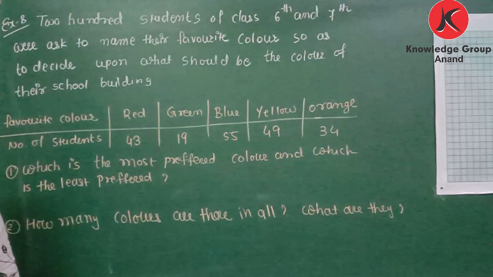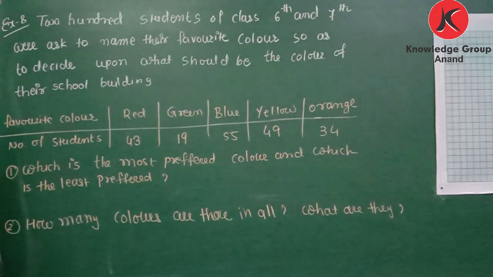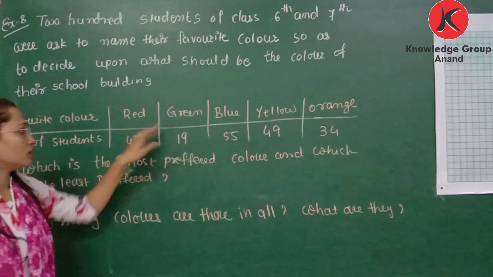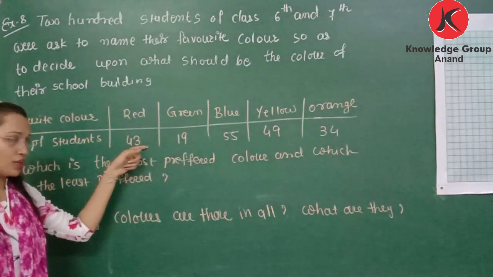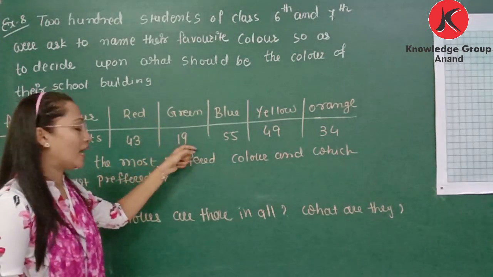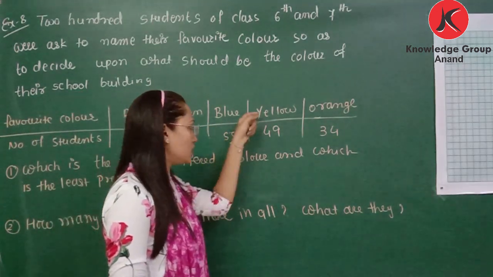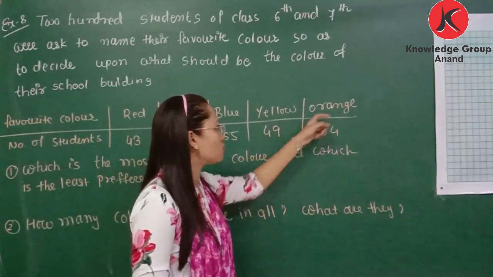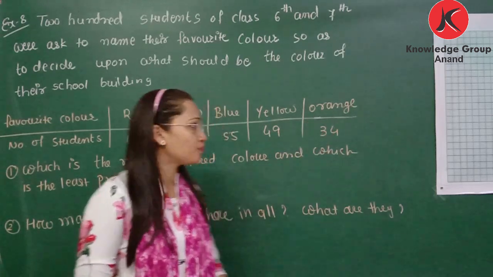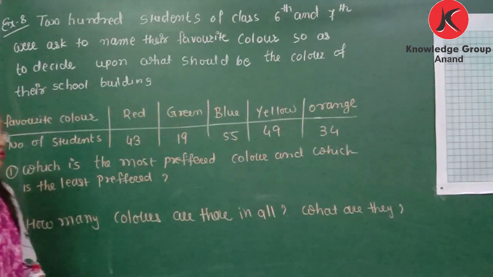That's why they took the survey of 200 students of the school, and the information collected on favorite colors is: red is liked by 43 students, green by 19 students, blue by 55 students, yellow by 49 students, and orange by 34 students.